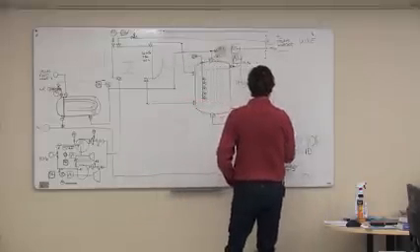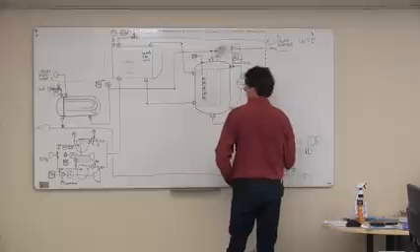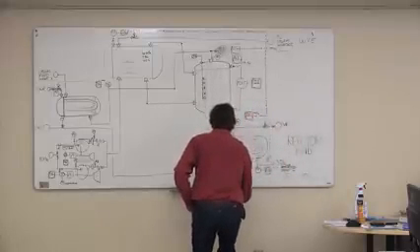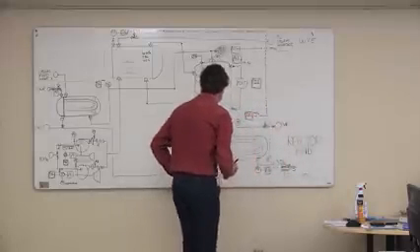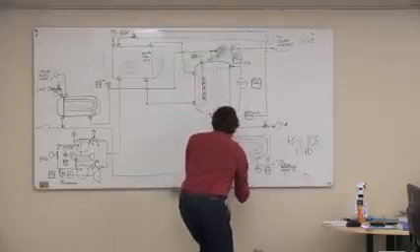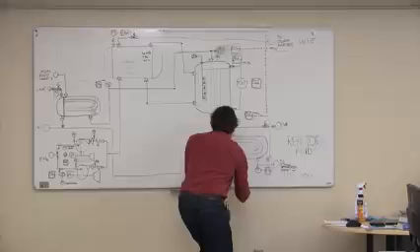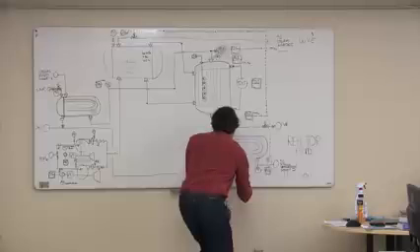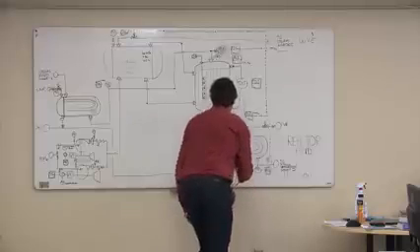Let's put a manual valve on that and a manual valve on here. We might actually be interested in knowing what the cooling water supply temperature is and the cooling water inlet pressure. So we can put a PI, and there's a cool little device that combines a PI and a temperature gauge all in one.